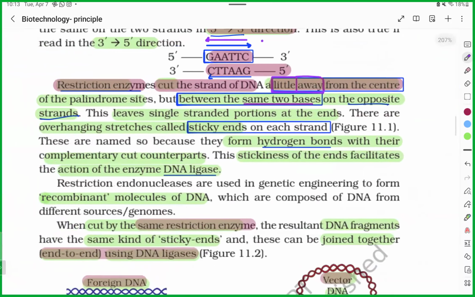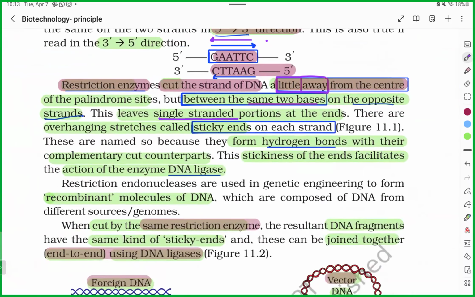Next, this leaves a single-stranded portion at the end, correct? And there will be a sticky end. If sticky ends are formed, they will form hydrogen bonds with their complementary counterpart, and they will attach together with the help of the enzyme DNA ligase.